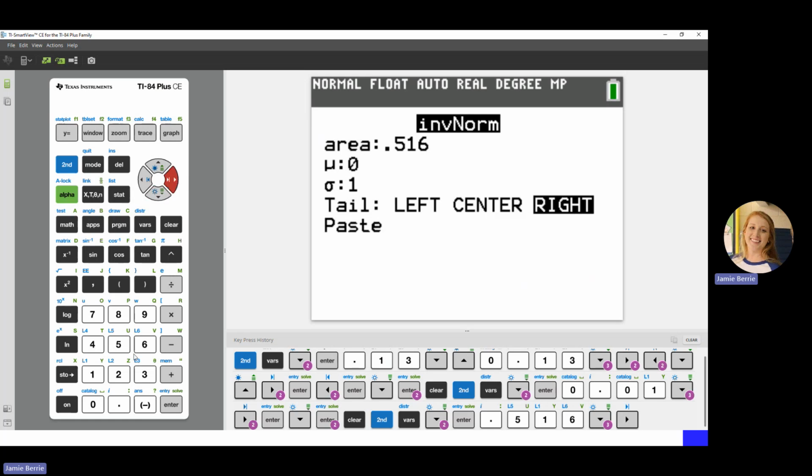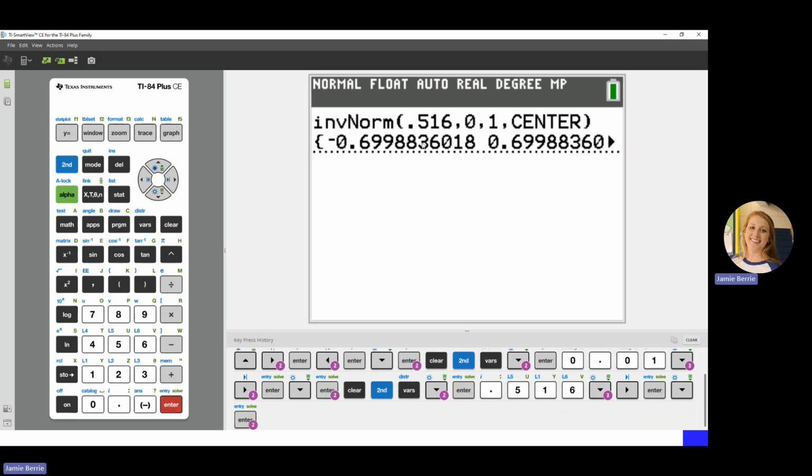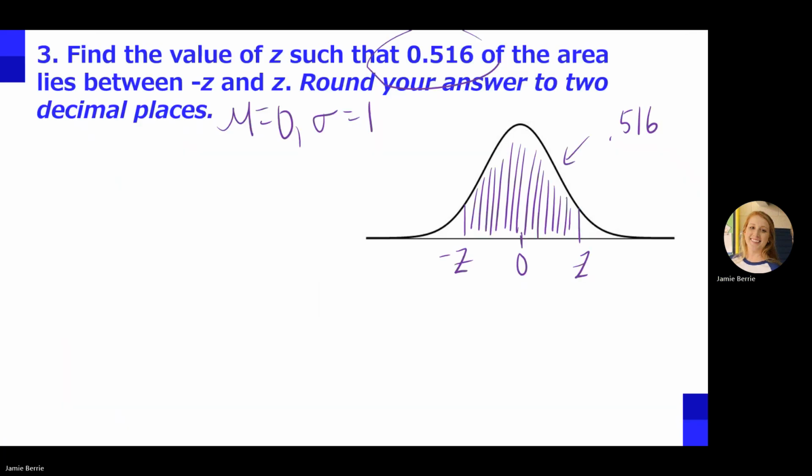This time we've got the center shaded. So we'll highlight center and hit enter. Then go down to paste and hit enter. That's going to put it on the home screen. Hit enter again to run it. And there are our z-scores. 2 decimal places would give us negative 0.7 and positive 0.7.